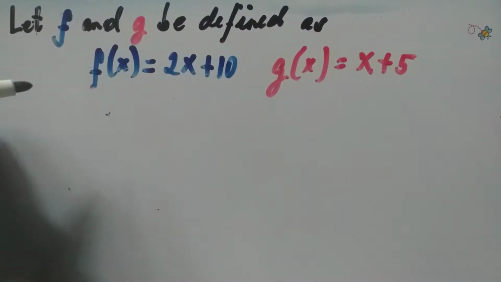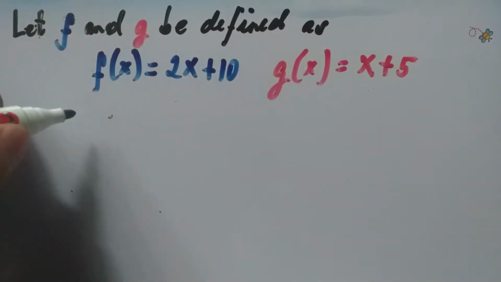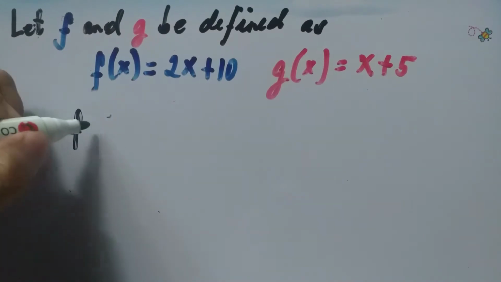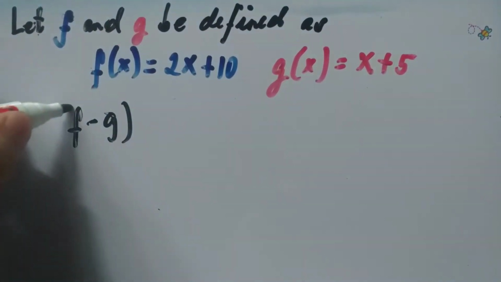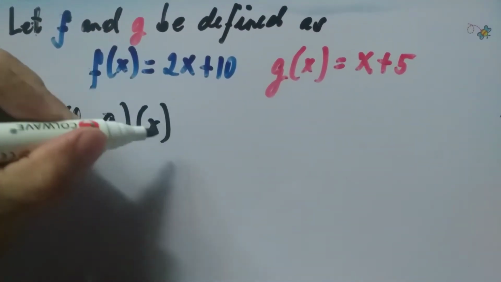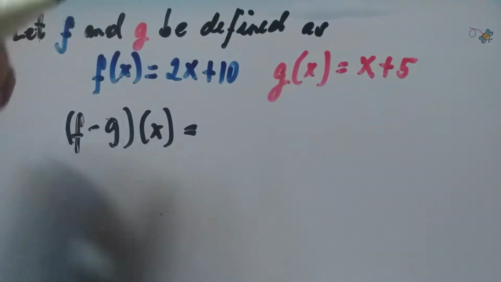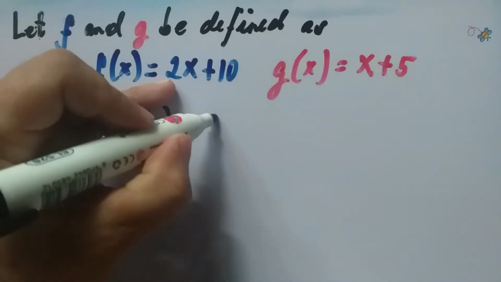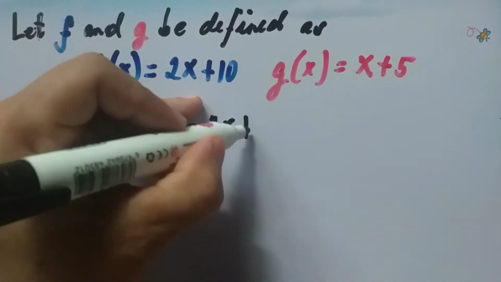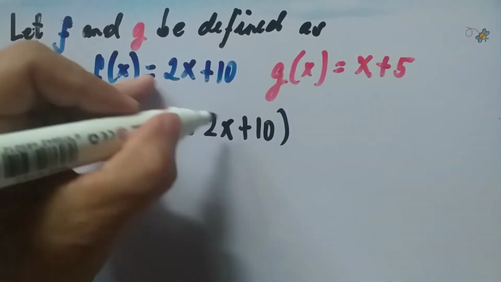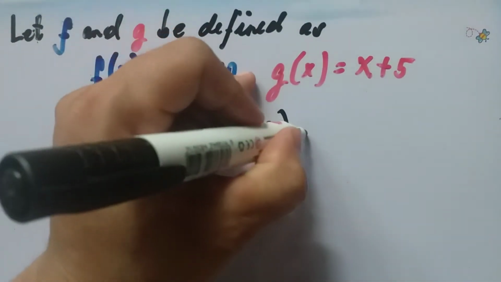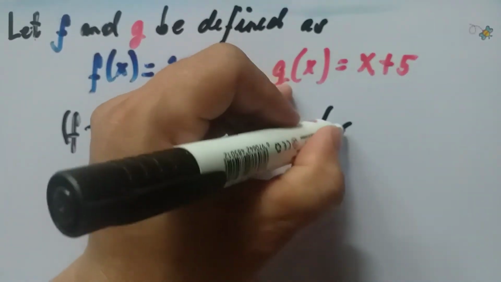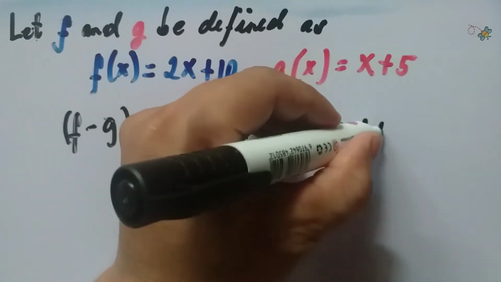Next we have subtraction on functions, denoted by f minus g of x. So equals 2x plus 10 minus x plus 5.